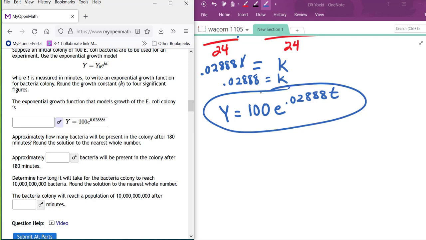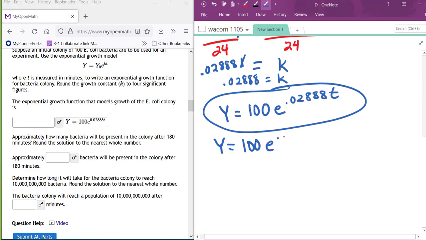All right, so we're going to look for y. So this second question here is just going to be to plug in. And this will be 180. So we're ready to go to the calculator.